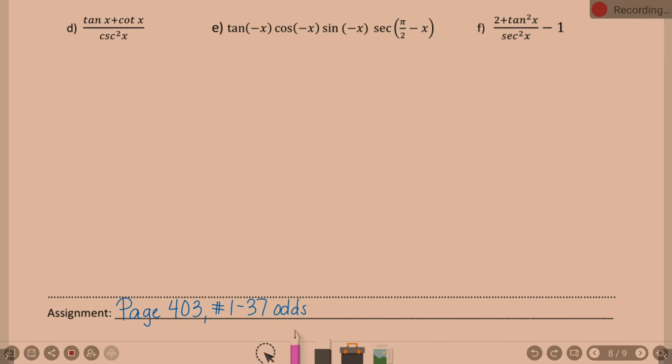I see cotangent. I was going to say change the tangent and cotangent to the sine over cosine stuff.